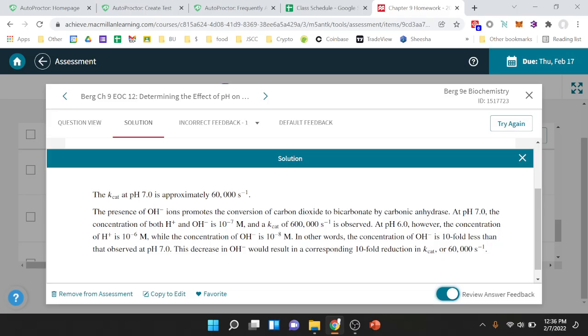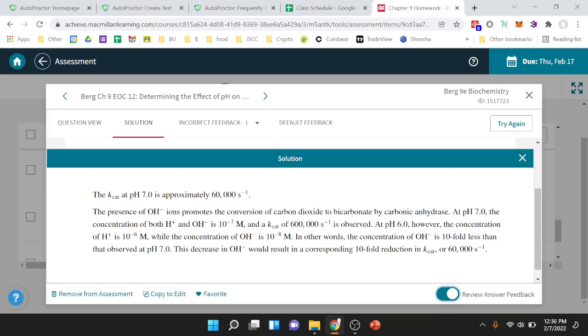So in this reaction, you're going to have OH minus. It's going to promote the conversion of carbon dioxide to bicarbonate by the carbonic anhydrase, right? So what is it depending on for reactants? It needs the OH minus, right?